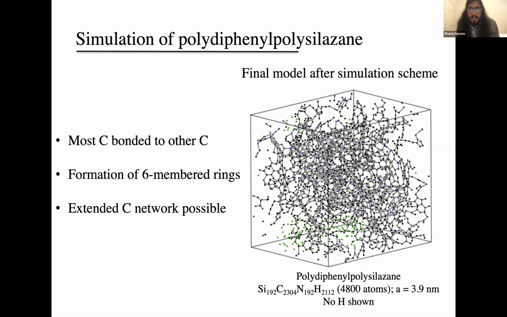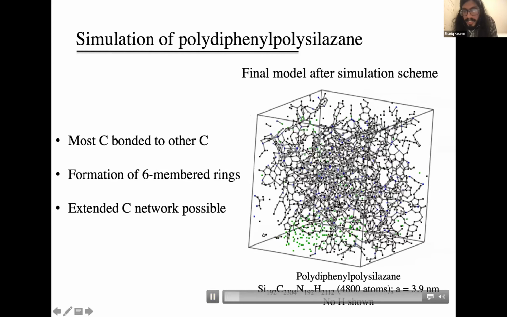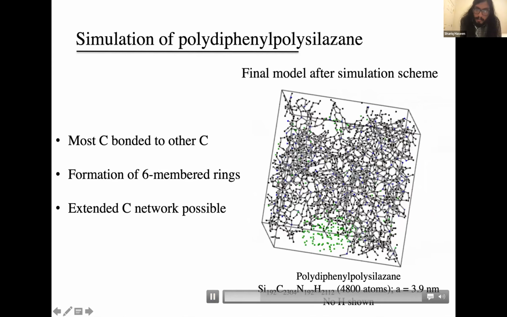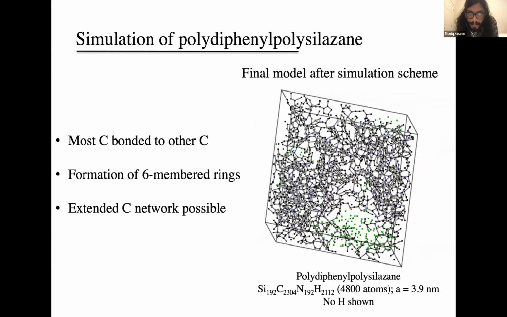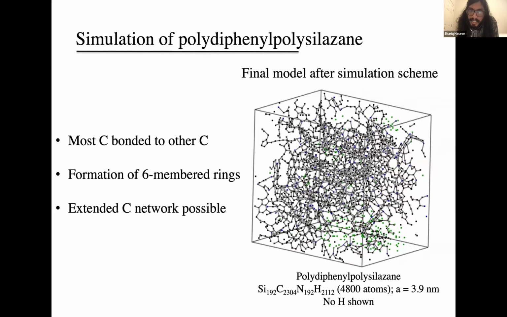So we go ahead and apply our simulation scheme to the polydiphenyl polysiloxane, do those molecular dynamics simulations, and we get a resulting structure that you see on the right. I've already taken care of the hydrogen atoms, but there's a lot of carbon anyway, so you'd be able to see it. If we take the rotation, we can see already that most carbon is bonded to other carbon.